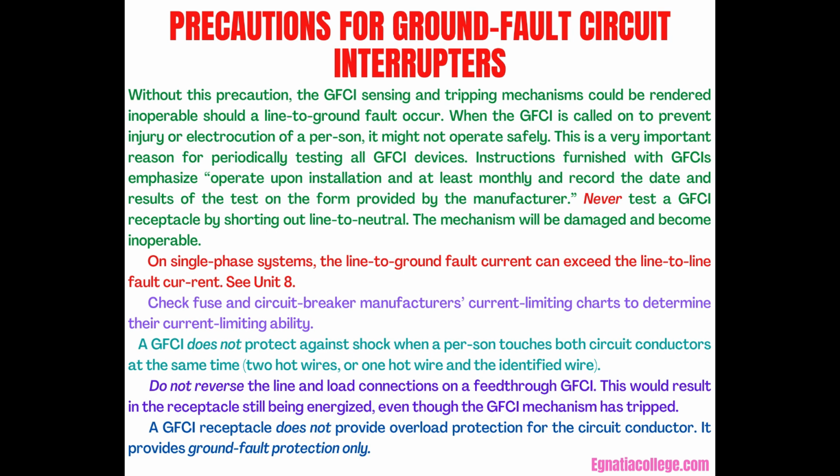See Unit 8. Check fuse and circuit breaker manufacturers' current limiting charts to determine their current limiting ability. A GFCI does not protect against shock when a person touches both circuit conductors at the same time, two hot wires, or one hot wire and the identified wire.